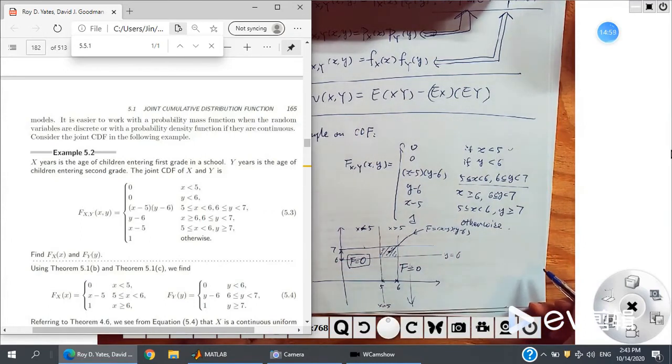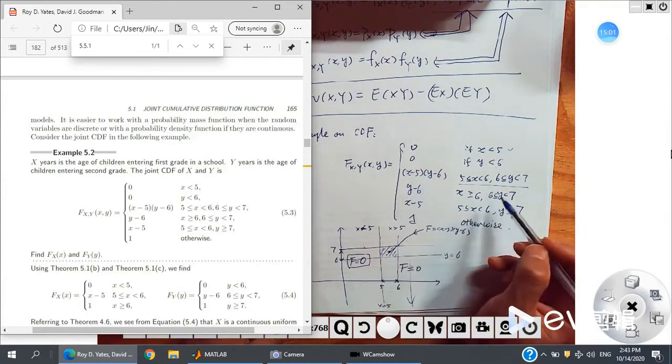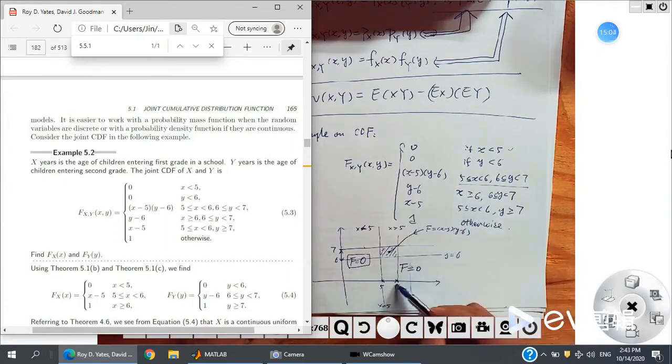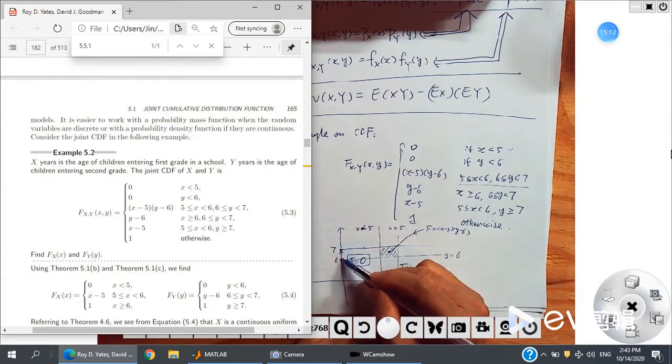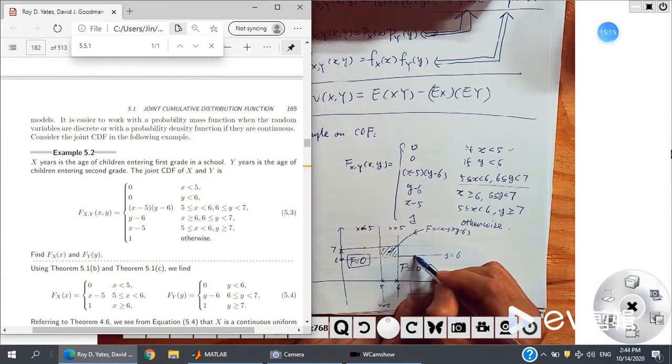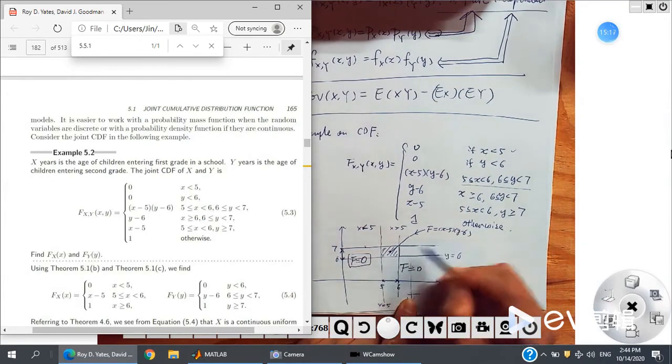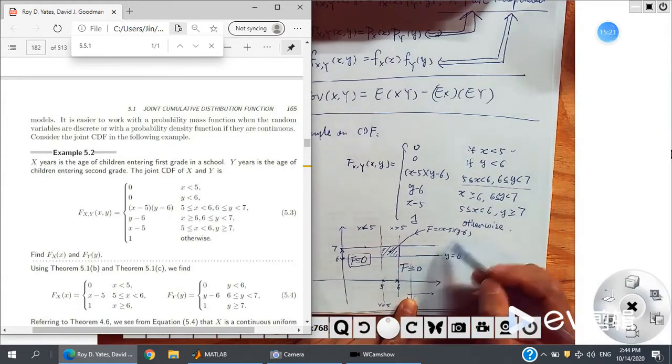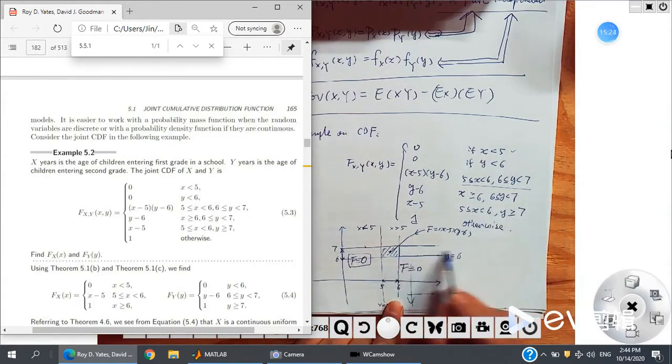Alright. And then we have when x is larger than 6, this is 5, this is 6, and y is between 6 and 7. So this part, here it is y minus 6.